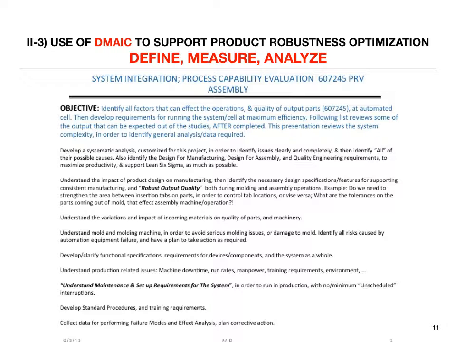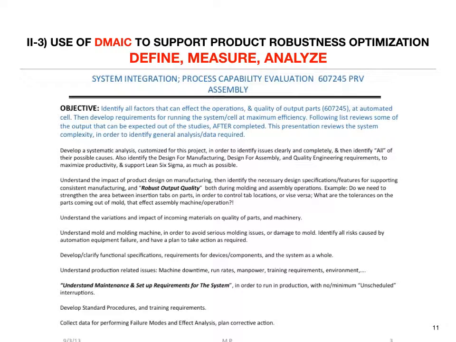Understand the variations and impact of incoming material on quality of parts and machinery. Understand the mold and molding machine in order to avoid serious molding issues or damage to the mold. Identify all risks caused by automated equipment failure and have a plan to take action as required.